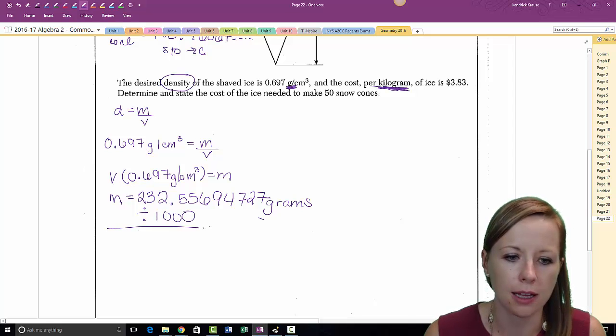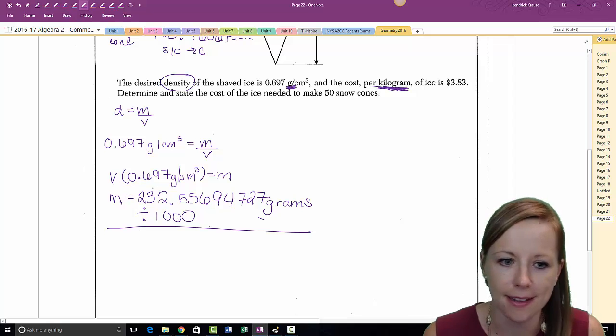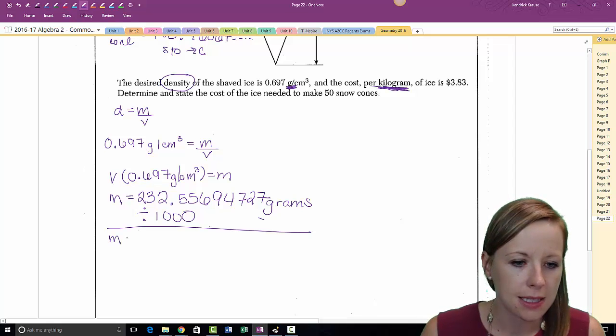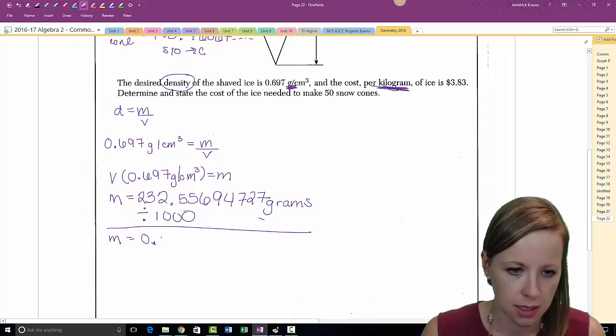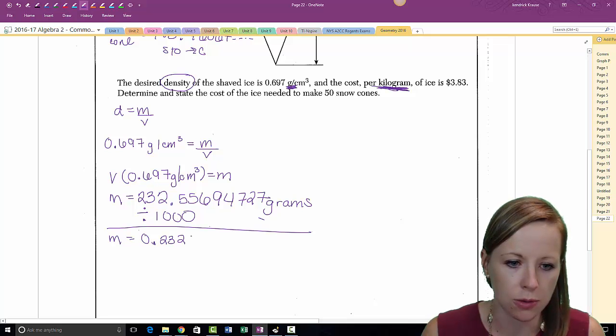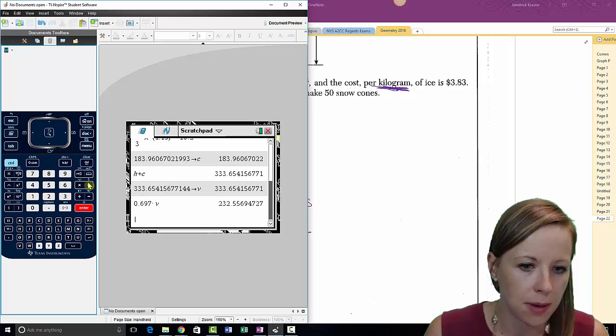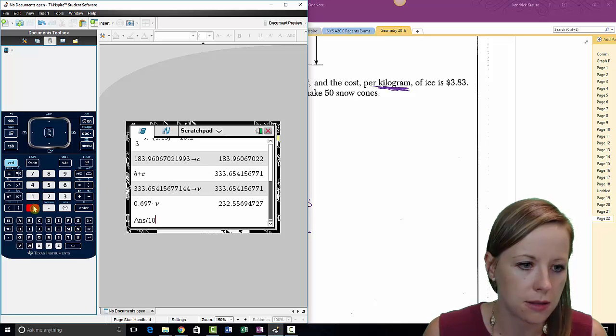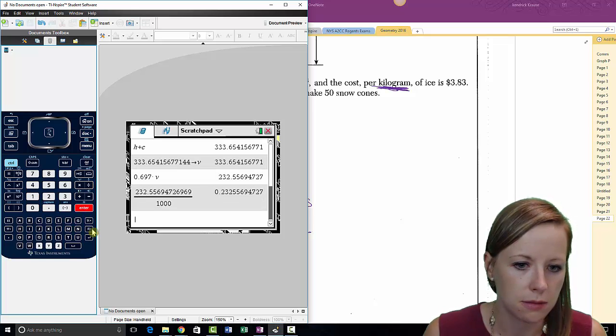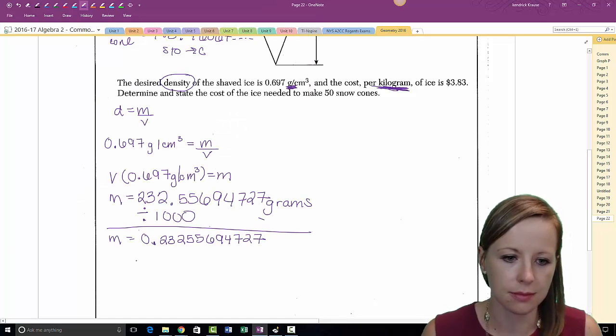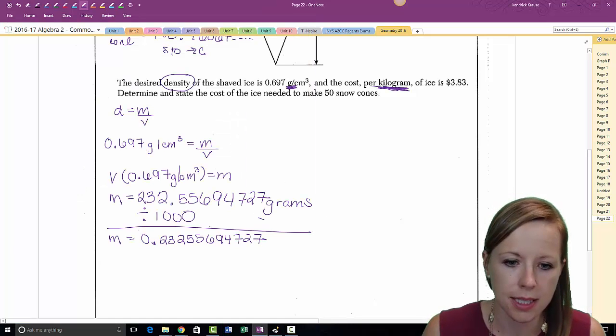So the mass is 0.23255694727. I'm going to do that in my calculator. Divide by 1,000. Awesome. This is kilograms.